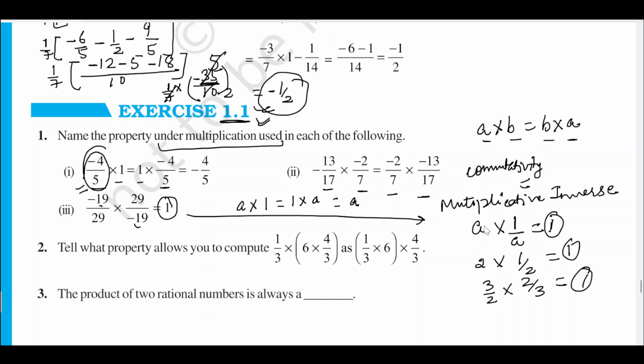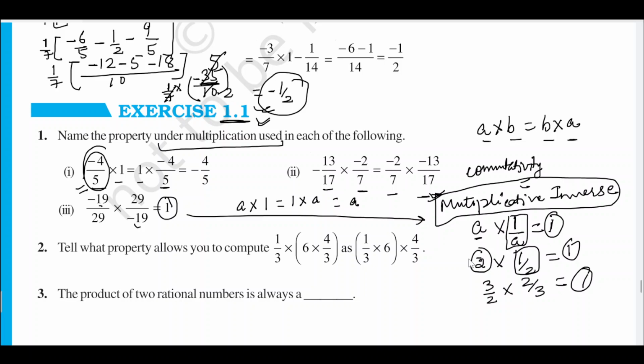So this is called the multiplicative inverse. It's not discussed in the chapter, but you should know. So we say that 1 by a is the multiplicative inverse of a, or 1 by 2 is the multiplicative inverse of 2.